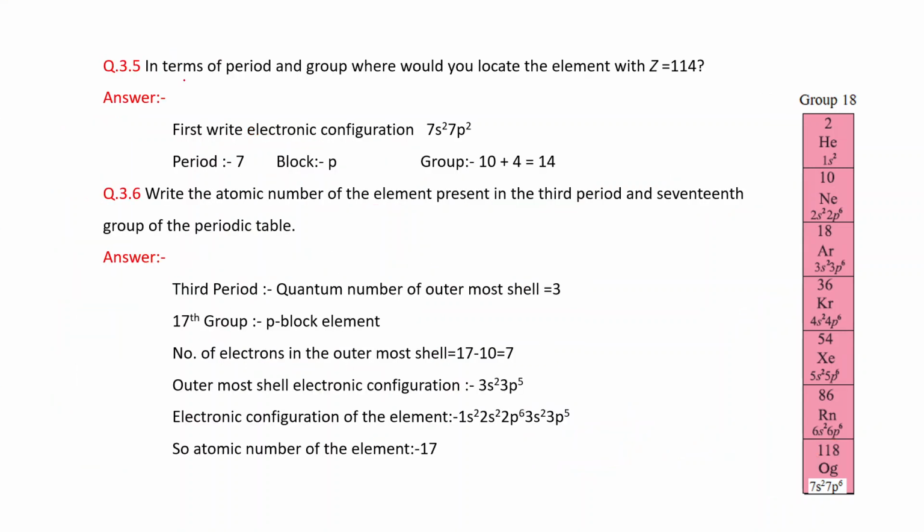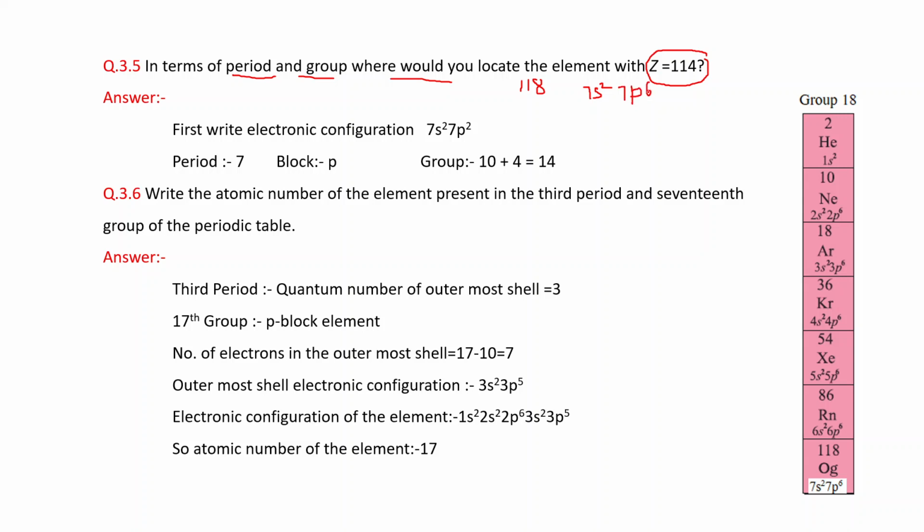See, this is one exercise question. In terms of period and group, where would you locate the element with Z equal to 114? Again, we already discussed: if atomic number is 118, then its electronic configuration is 7s2 7p6.